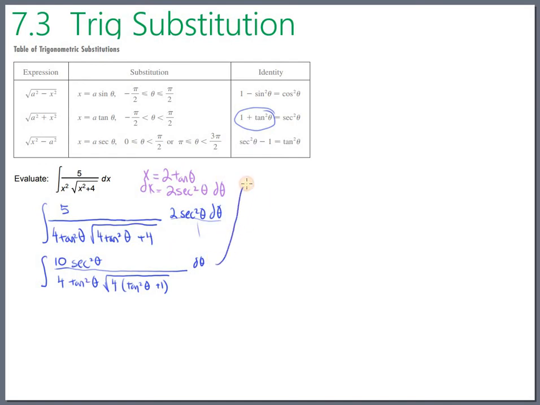So let me go up over here. Rewrite the integral again. So we've got 10 secant squared theta over 4 tangent squared theta. The stuff inside the square root becomes 4 times secant squared theta.